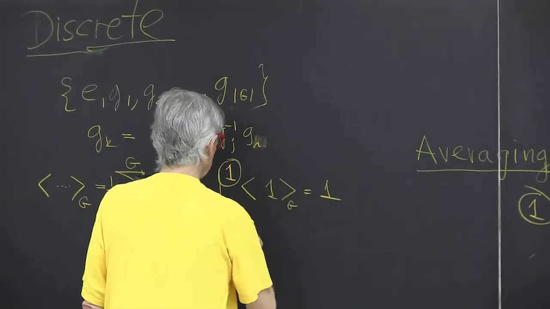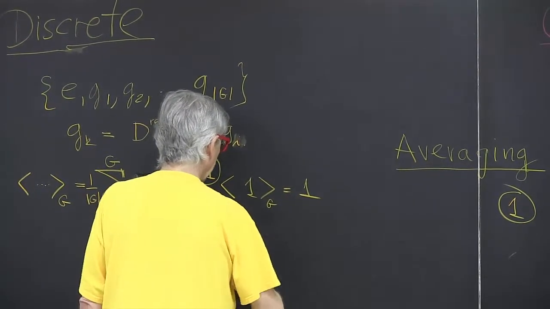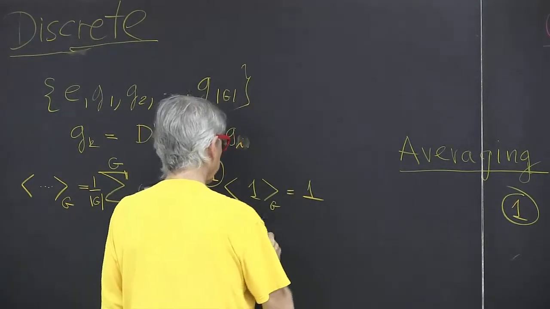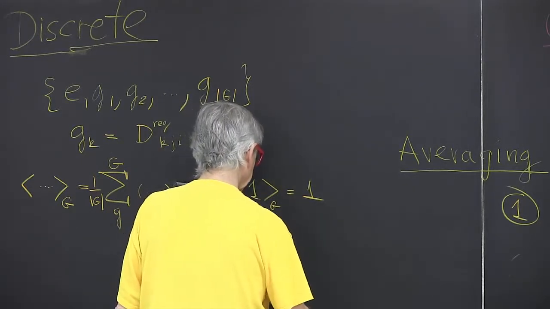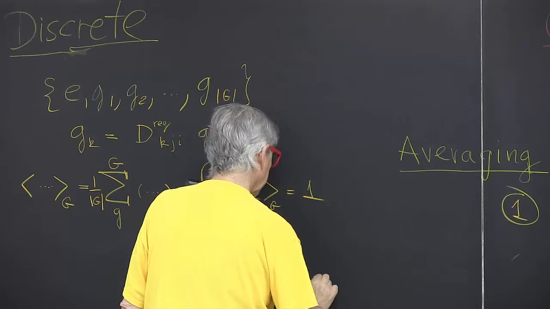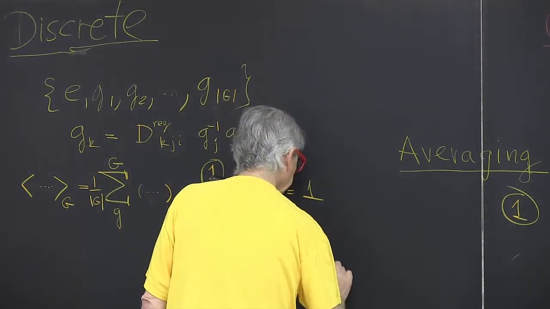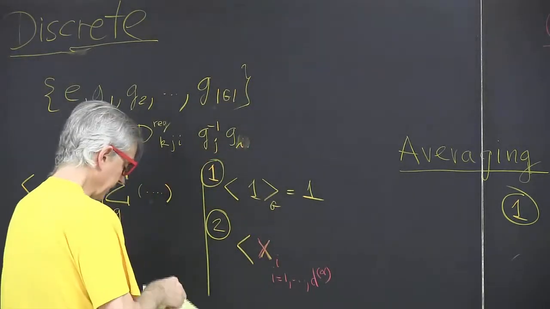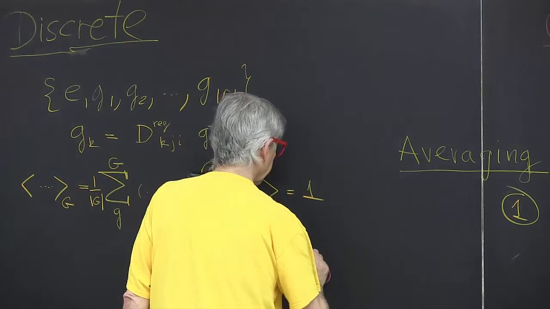And then there is a rule number 2 that says if I take an average over a non-trivial vector, it has an index that runs from 1 to dimension, and it will be dimension of the irreducible representation. If I average over that, I get 0.